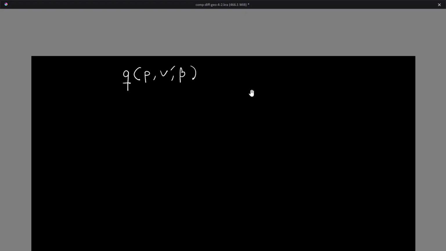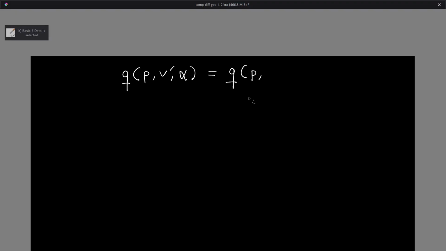Moving on to the next page. So let's deconstruct phi alpha P and phi beta P in terms of their definitions in terms of Q. So we get this PV beta. Let me see if I've gotten that right. Oh, right. This is going to be V prime and is equal to Q of P. Oh, this is alpha.